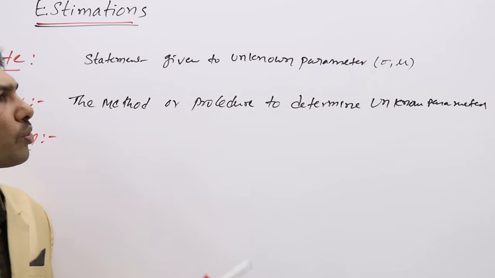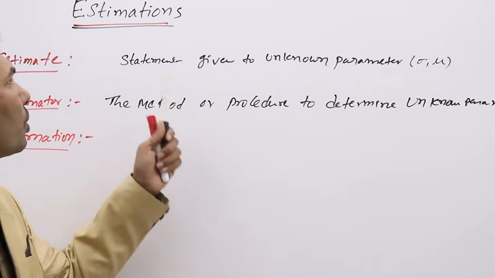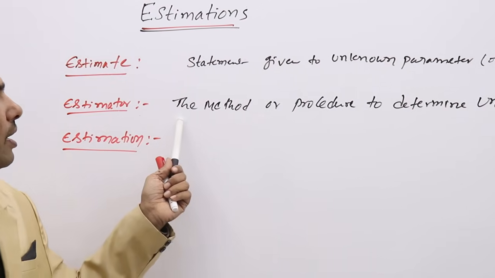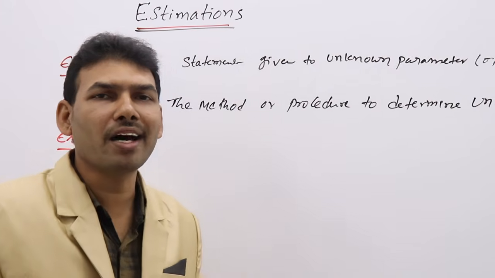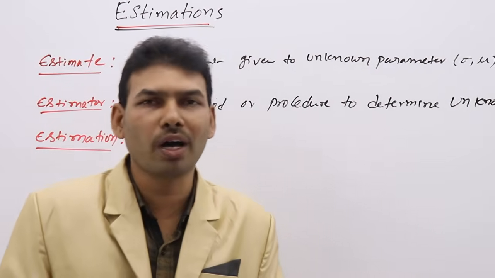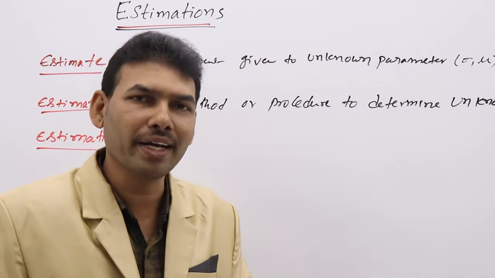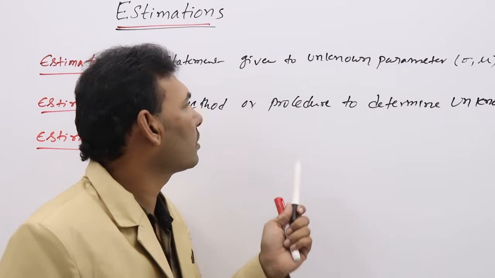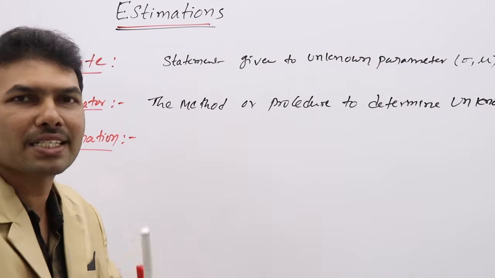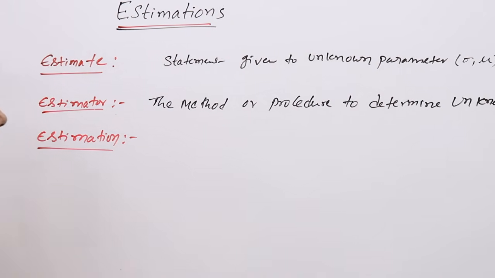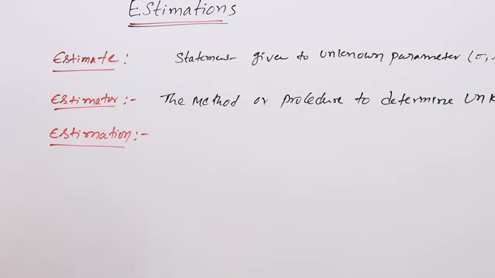So how to find that unknown parameter? How to give that statement? Estimator is a method or procedure to determine that unknown parameter. We don't know one parameter. To find that parameter, the procedures and methods we are applying are called estimator.